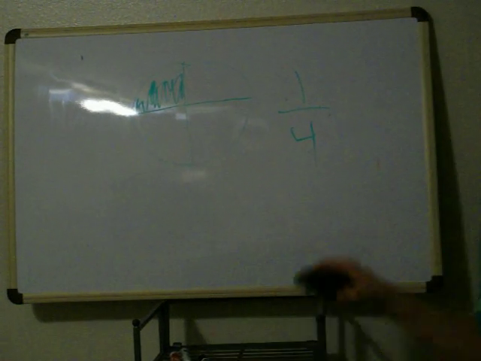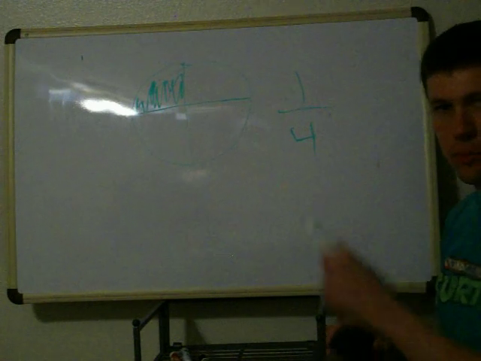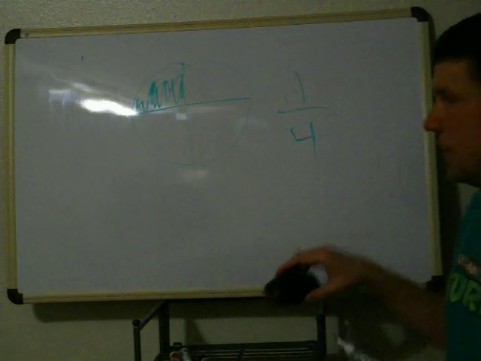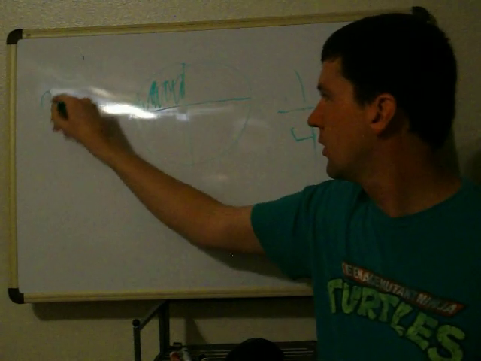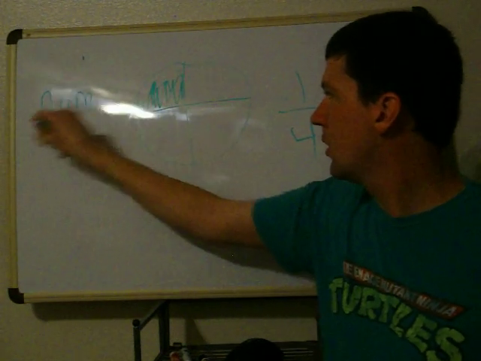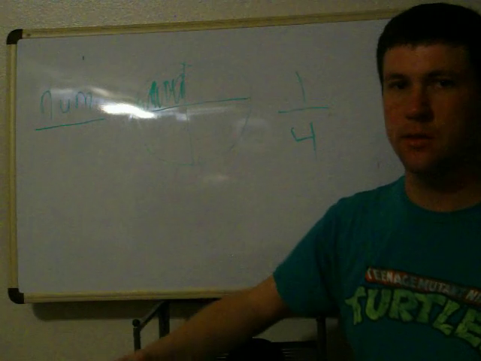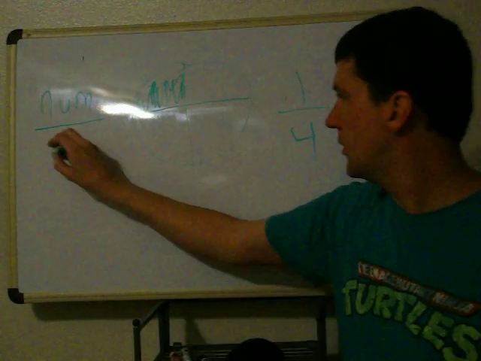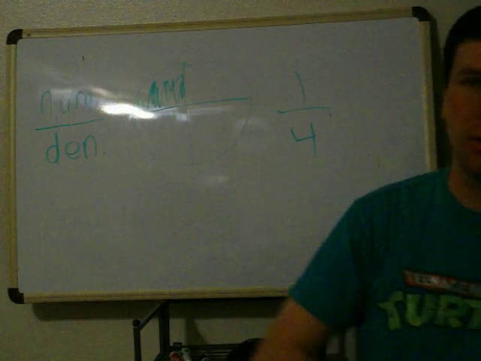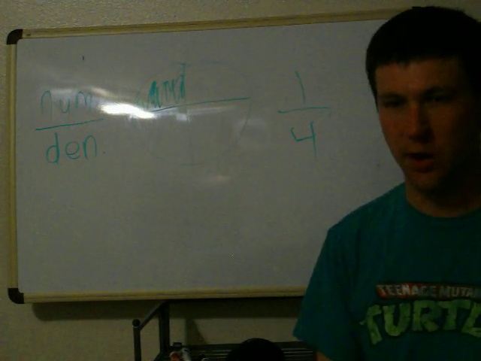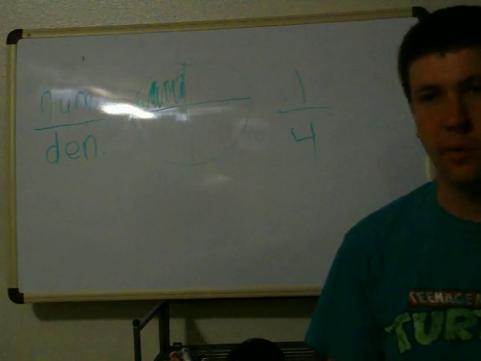Now each fraction has 2 parts: the numerator and the denominator. The numerator is always on the top, and the denominator is on the bottom. You can remember D for down, however you like to remember it.